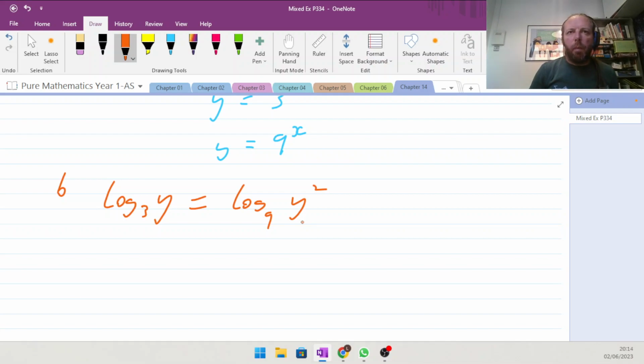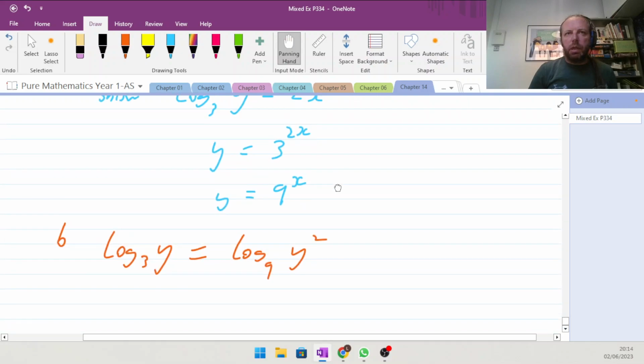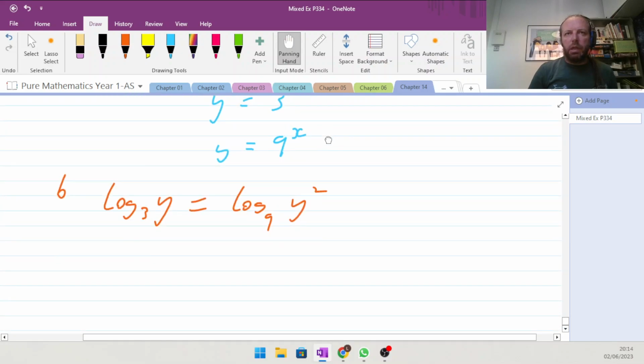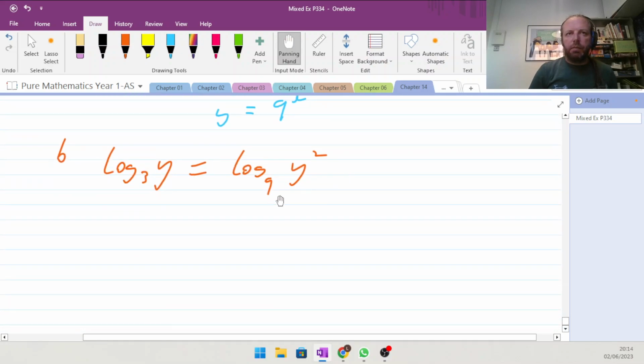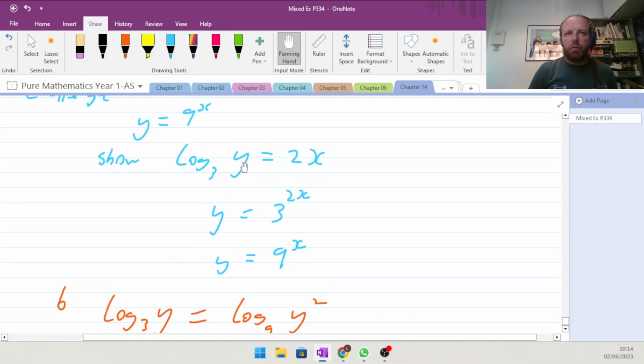Okay, so what can we do with that? So we know that 9 to the power of something, y squared. We know y is 9x, and we know that log 3y is 2x.